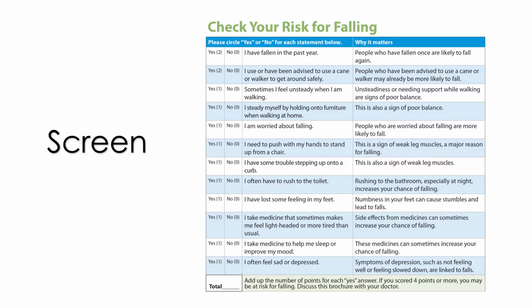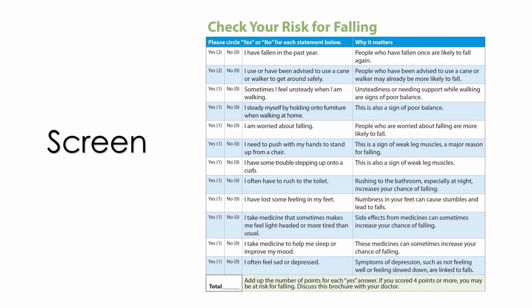Next, if a client says yes that they steady themselves by holding onto furniture when walking at home, this is also a sign of poor balance. Another statement is if a client says yes that I am worried about falling. This is important because people who are worried about falling are more likely to fall. Next, a client who answers yes, that I need to push with my hands to stand up from a chair.